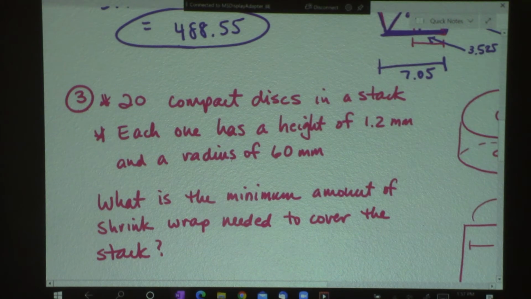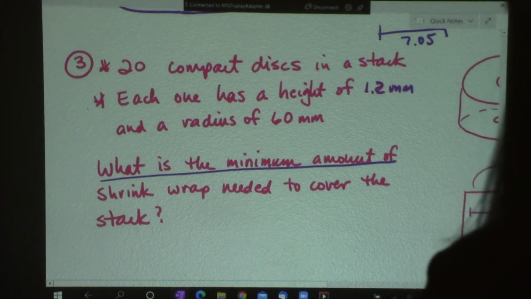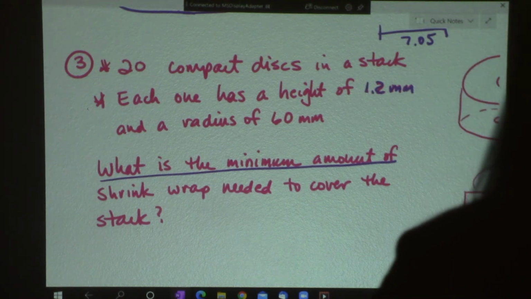Each disc is a cylinder with the height of 1.2 millimeters. Okay, compact disc. And the radius is 60 millimeters. Here's the question: what is the minimum amount of shrink wrap needed to cover the stack?